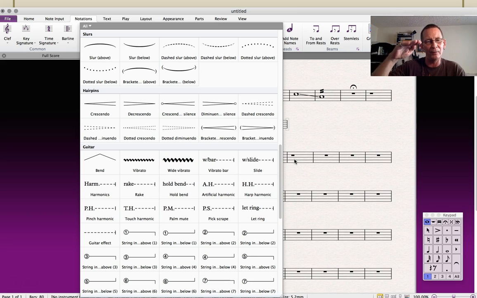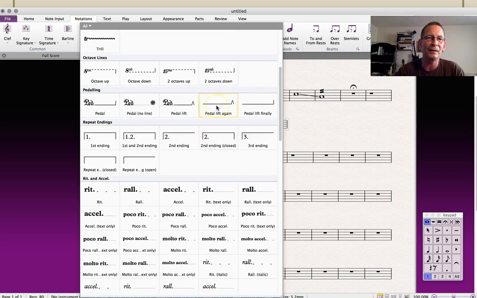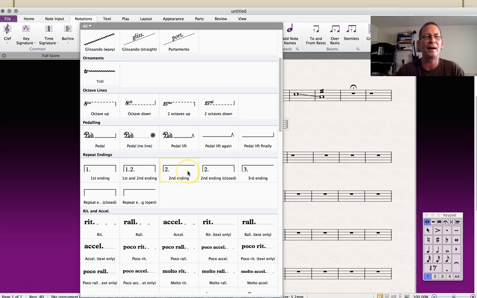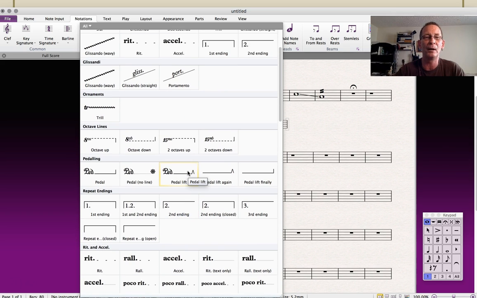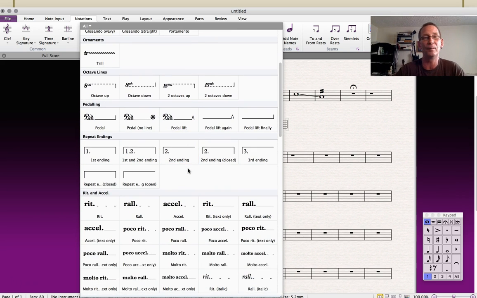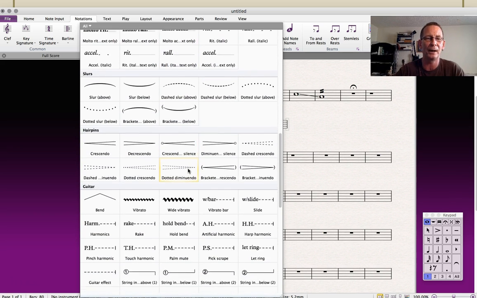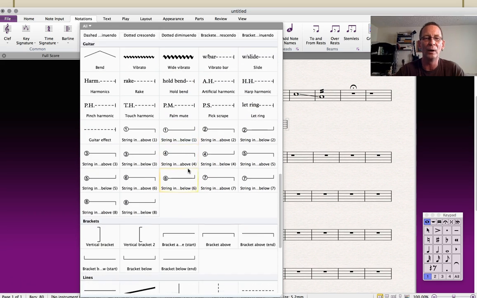Sometimes it's up and down from that note, and you've got to watch that. It can be the same thing with trills. Depending on how it's notated, it wants you to go to the next note, up and back and down. Depending on the notation, it can be a half step or a whole step or a quarter step for vibrato. You really have to pay attention to see what exactly it means.